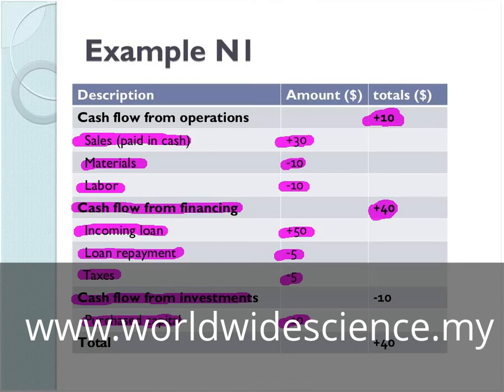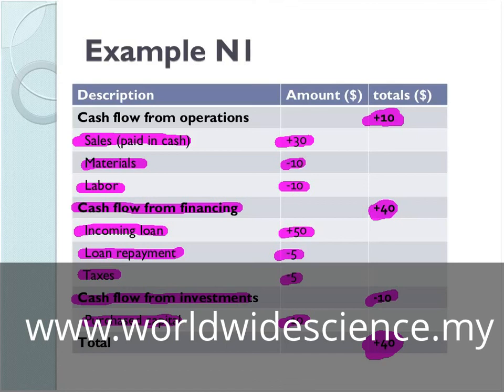That means the cash goes out from the company, minus 10, right? So the description gives us the 3 kinds of areas of the cash flow, and the total here is positive 40. We have $40 positive in our accounts. This is simple. We have in our accounts cash which is equal to $40.